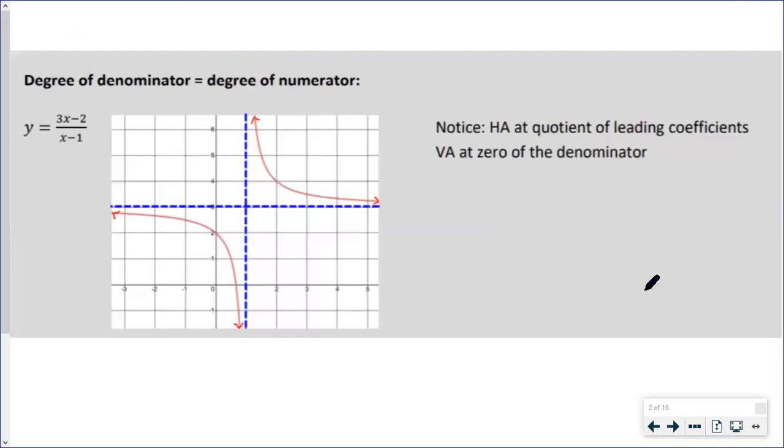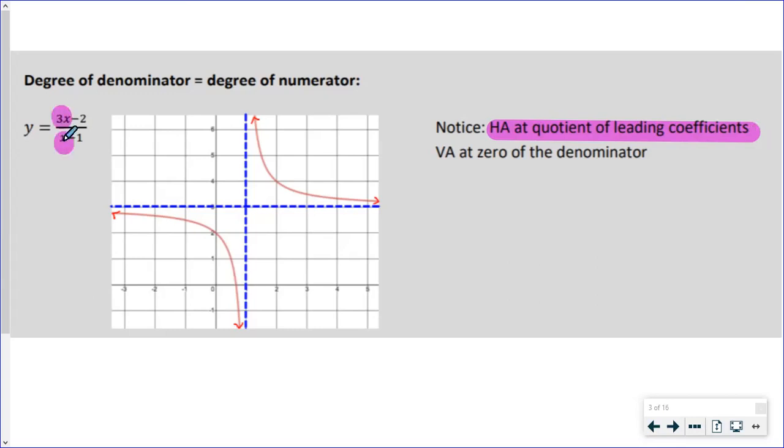The next scenario is quite a simple one. It's when the degree of the denominator is equal to the degree of the numerator. At this point, the vertical asymptote is still the zero of the denominator. So because I have x minus 1 in the denominator, I can expect a vertical asymptote at x is equal to positive 1. But here we're going to really discuss the horizontal asymptote. We have to take the quotient of the leading coefficients. So in this example, we have a 3x in the numerator and an x to the power of 1 in the denominator.